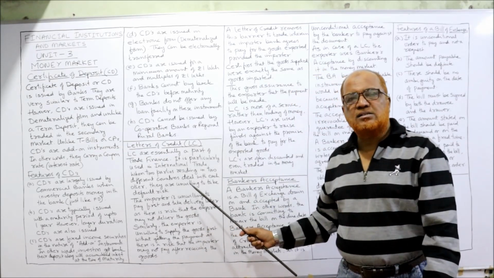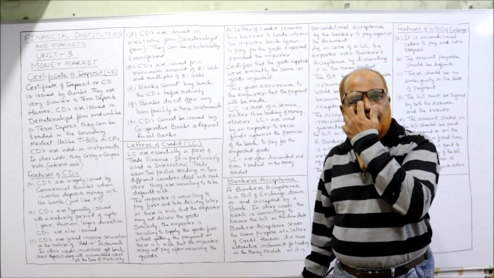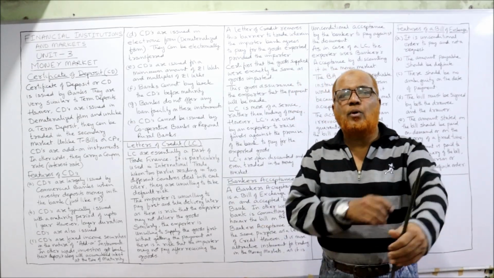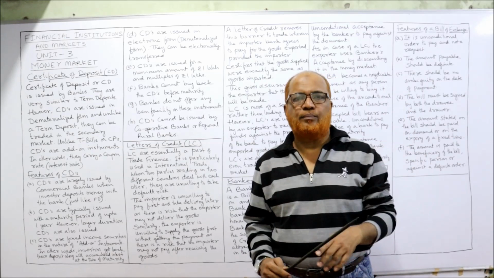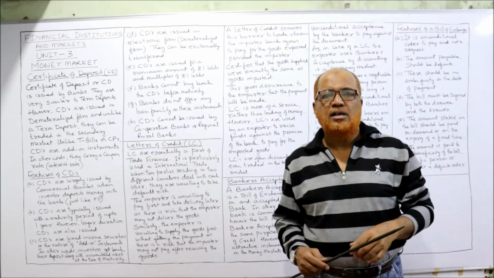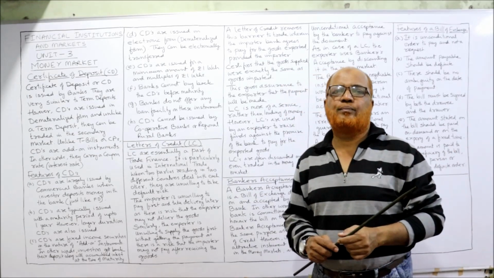When two parties are residing in two different countries, what will happen? They want to trade with each other. For example, an Indian importer wants to purchase a machine from an American exporter. So the Indian importer is there, the American exporter is there. This person wants to purchase the machine from America.